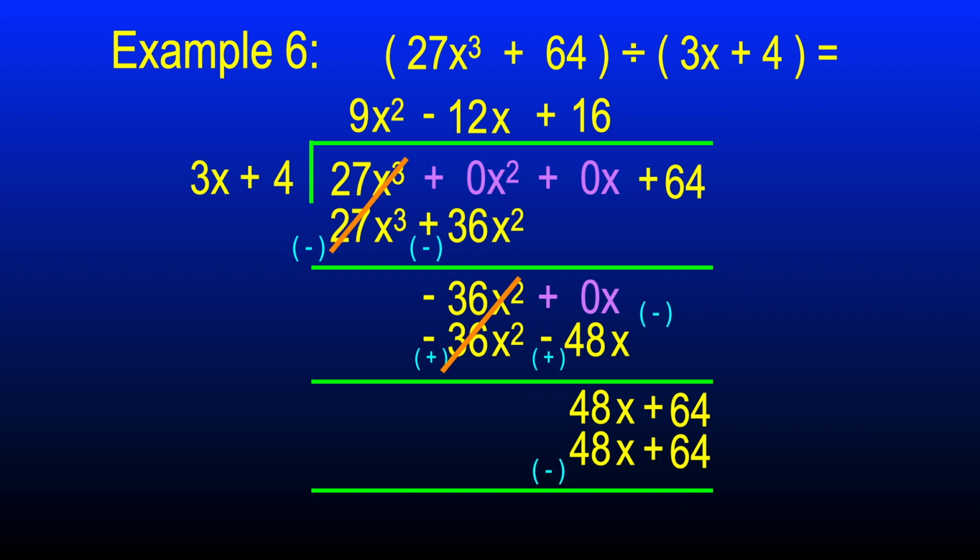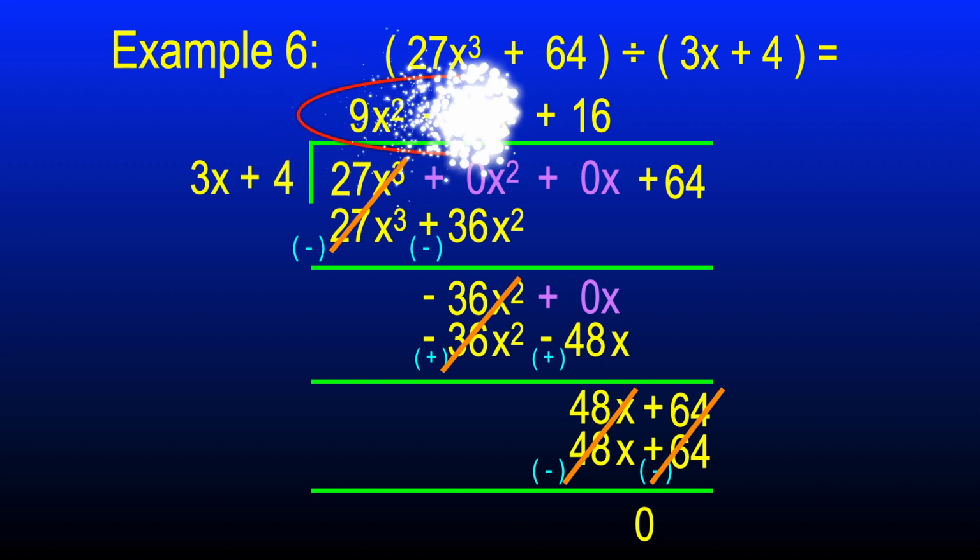Positive will become negative. Ayan. And then simplify. So, 48x minus 48x is 0. 64 minus 64 is also 0. So, 0 na yung difference. So, the quotient is 9x squared minus 12x plus 16.